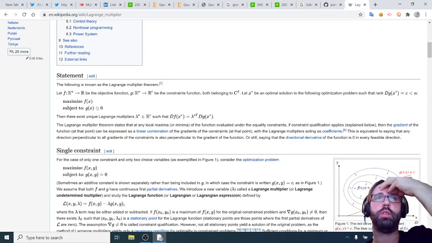So this is the constraints that you have. Then there exist unique Lagrange multipliers such that whatever d times f.